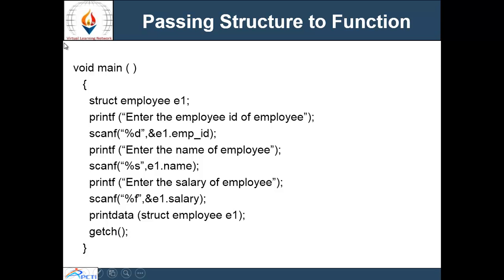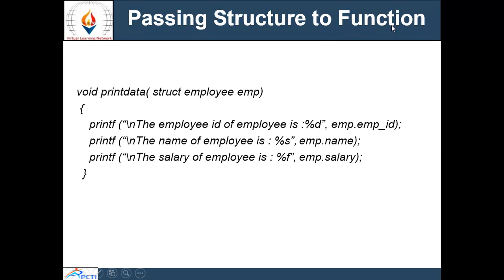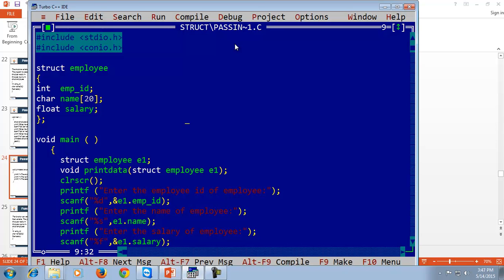The function is written like this: void print data, which takes the argument of structure type, and it is used to print the content of the structure like employee ID, employee name, employee salary. This I can show you in TC also.